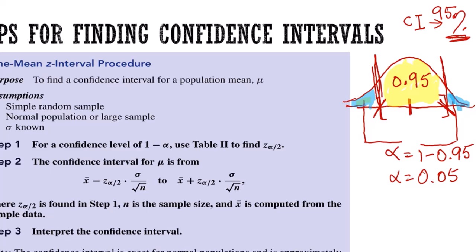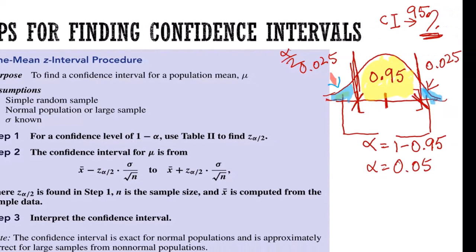So that area can be found by dividing alpha into two equal parts. So this area is going to be alpha by 2, so 0.025. That's alpha by 2, and so is the area at the right end of the curve. It's going to be 0.025. How did we get 0.025?